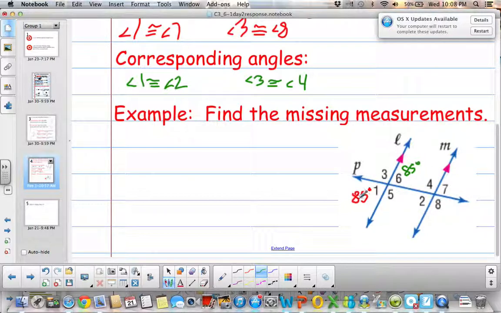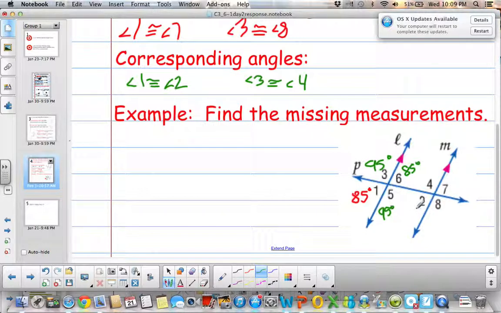That means 85 plus something equals 180. We can take 180 minus 85, which would be 95. So then I know that angle 3 is 95 degrees, and because 3 and 5 are vertical, angle 5 is also 95 degrees.